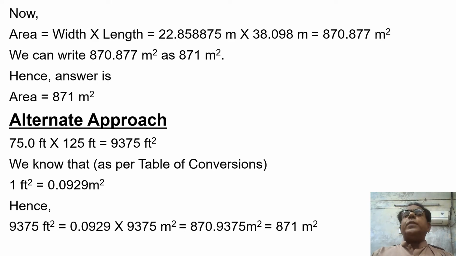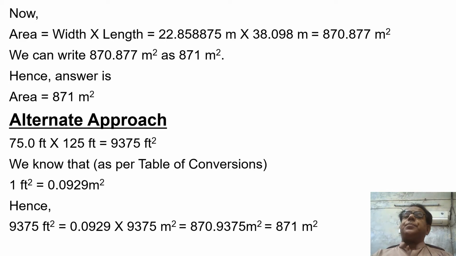Now we know that area is equal to width into length, which is equal to 22.858875 meter into 38.098 meter, which is alternatively equal to 870.877 meter square.